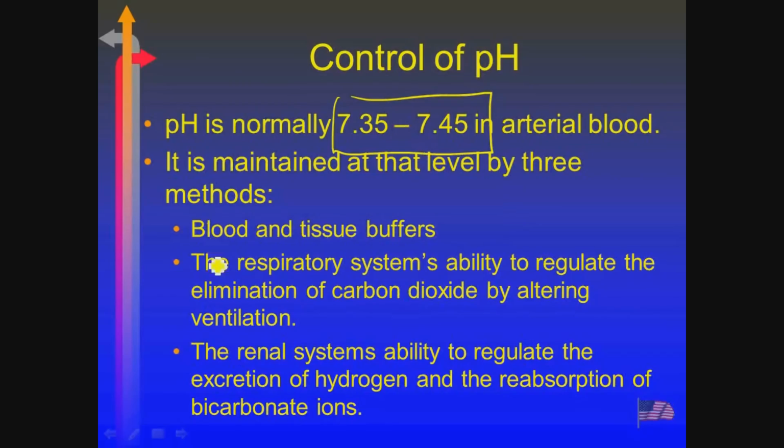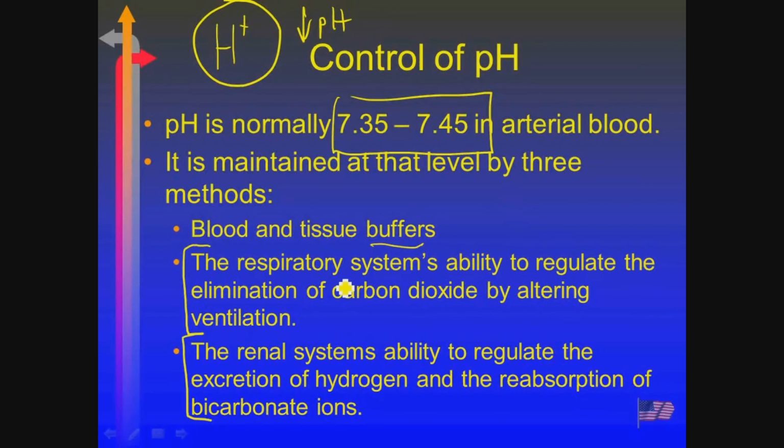And the way that the body controls this, we talked about blood buffers. It also uses our ventilatory system, and it also uses the kidneys. Now let me go ahead and reiterate this. I suddenly have an increase in hydrogen ion concentration, and I have a fall in pH.